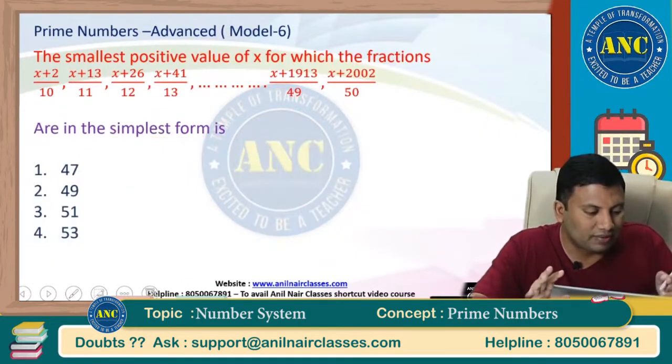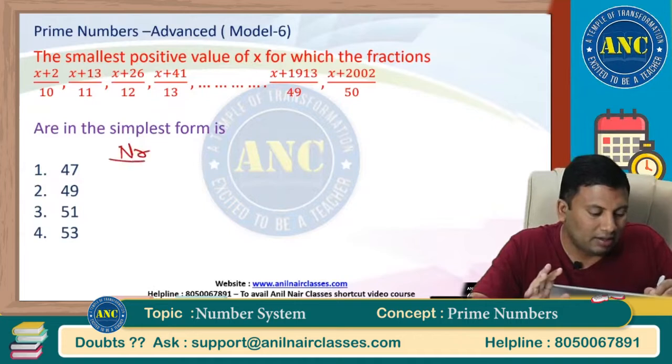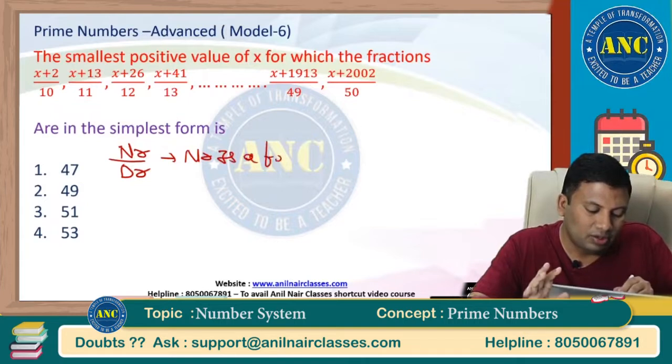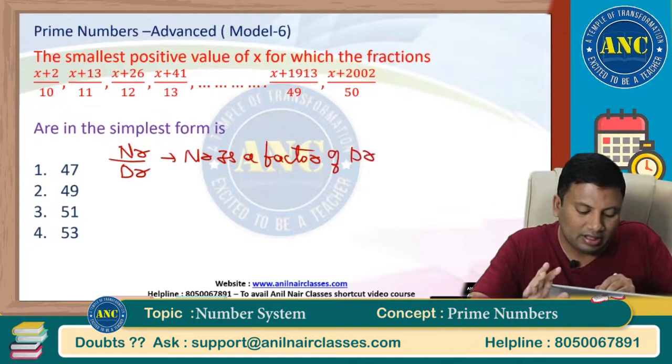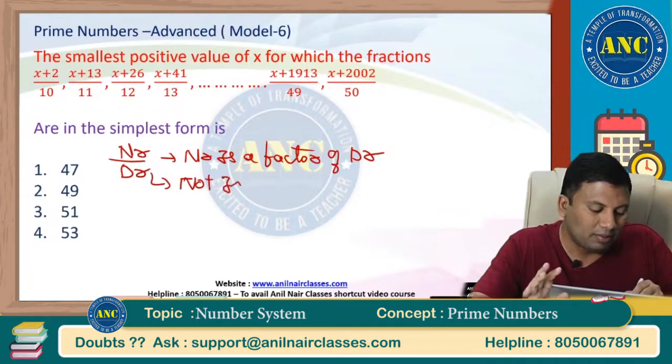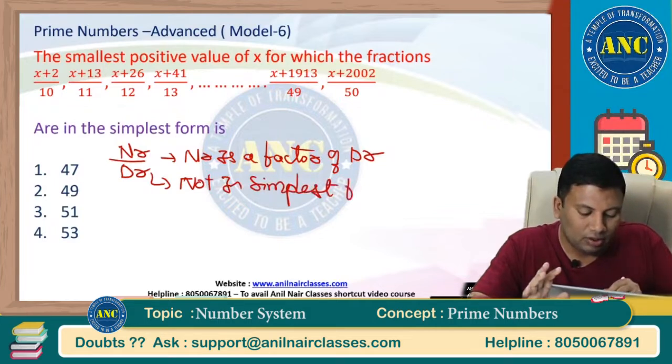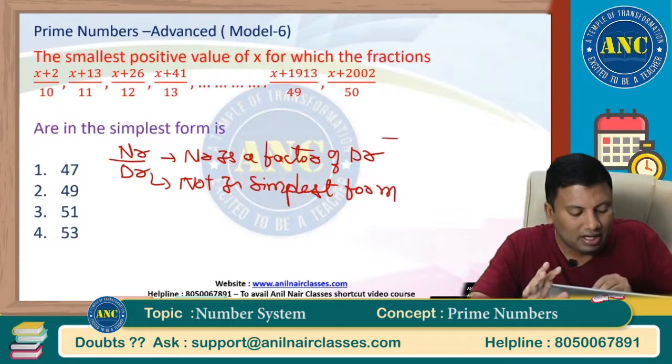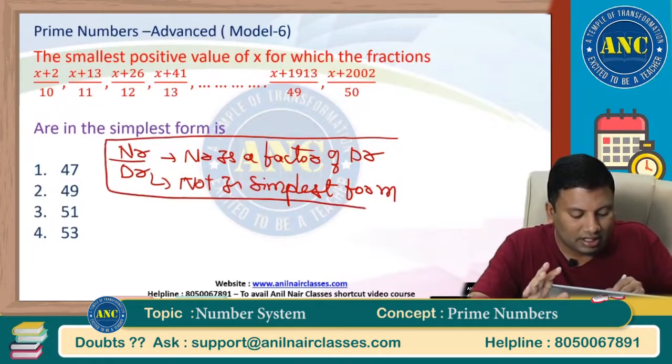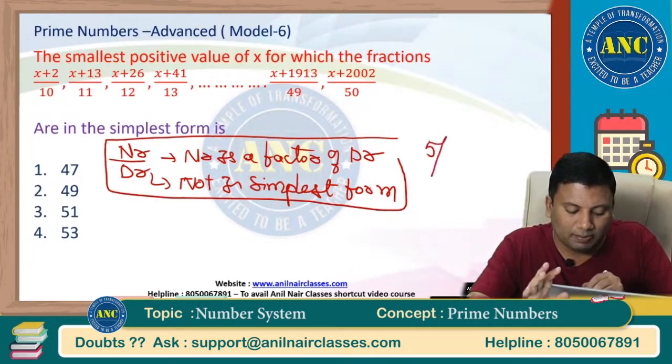That means if the numerator is a factor of the denominator, then this fraction is not in its simplest form. Am I right? We will write some examples so that it will be clear.